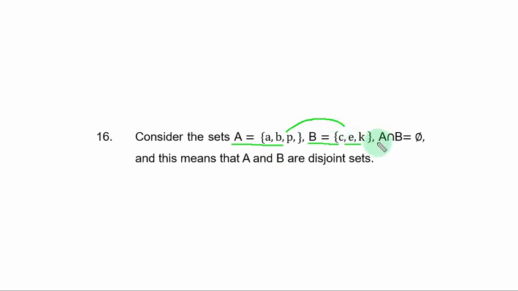That is, the intersection of the two sets is an empty set. For that reason, sets A and B are disjoint sets. They have no common element.